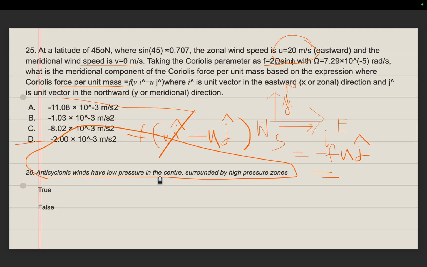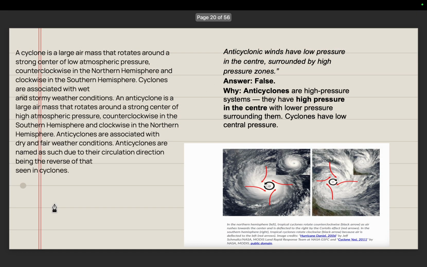For the cyclone case, we have seen there is a low pressure inside and a high pressure outside. Anticyclone is the opposite: high pressure center, low pressure outward. So this question 26 is false.